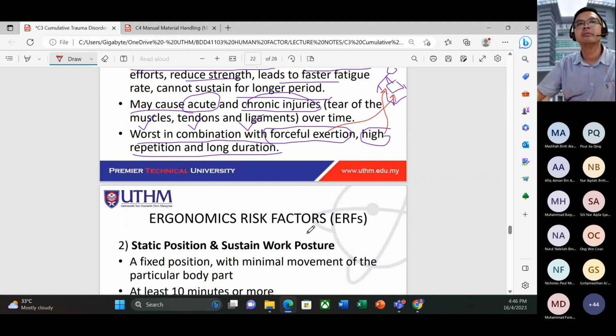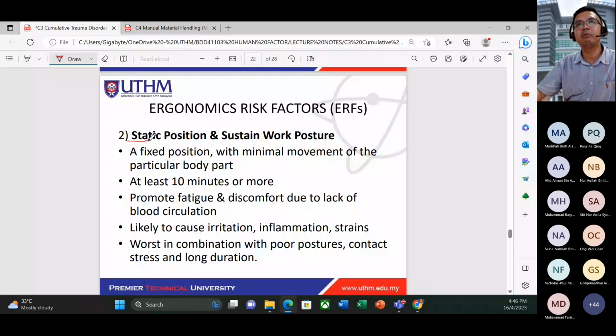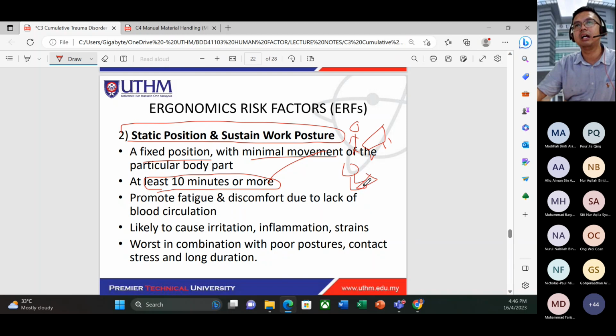Meanwhile, static position and sustained work posture is a fixed position with minimal movement of the particular body part, for at least 10 minutes or more. For example, prolonged standing while performing work, or prolonged sitting at work, more than 10 minutes.